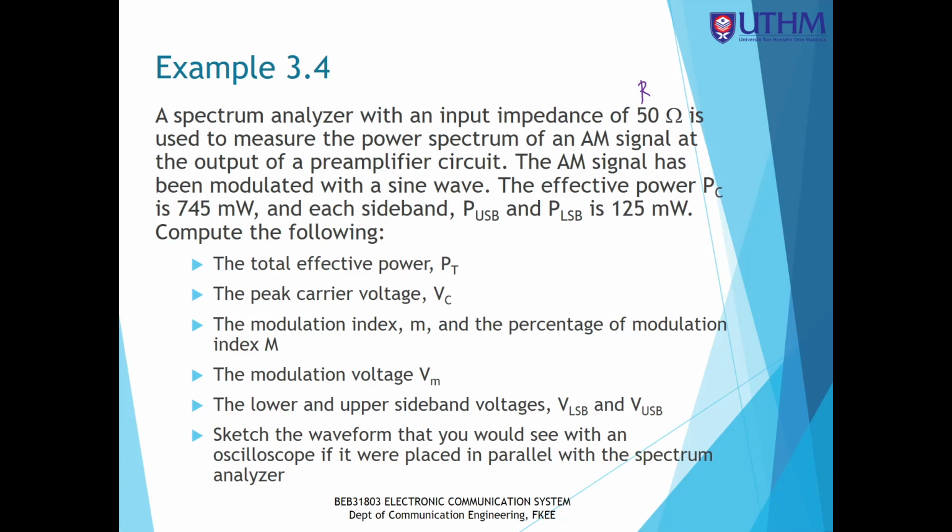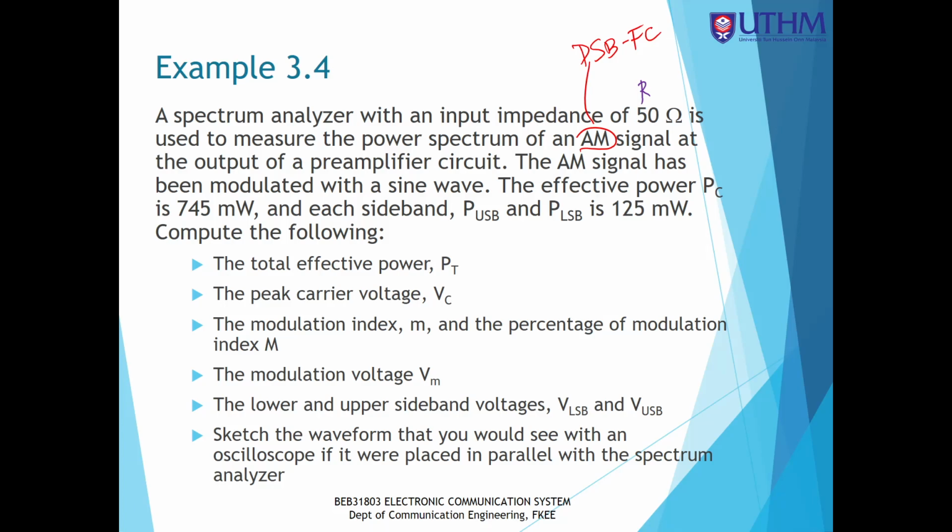So this is about the spectrum analyzer which wants to see the power spectrum of the AM. The word AM here is referring to the double sideband full carrier. How do I know this? Because this has been stated in the earlier slides of the lecture notes, whereas if it is said as AM, it is referring to the double sideband full carrier.